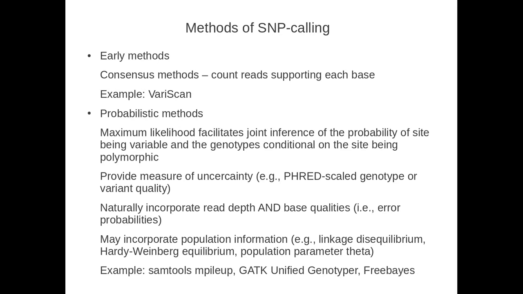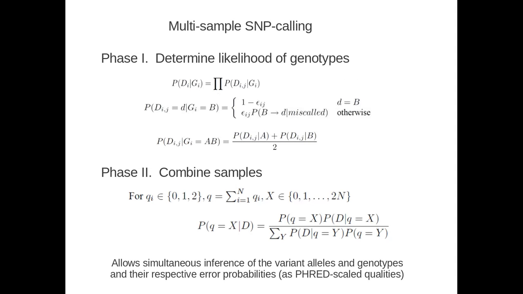And ultimately, all I really wanted to say here is that these methods provide measures of uncertainty, and they naturally incorporate both the read depth and base qualities in assigning those error probabilities, whereas with these consensus methods you essentially don't have those error probabilities in the variant calling or in the genotype assignments like you do with these probabilistic methods. And this is just to reinforce that there's a lot of math that goes into this. This is well beyond the scope of this class.